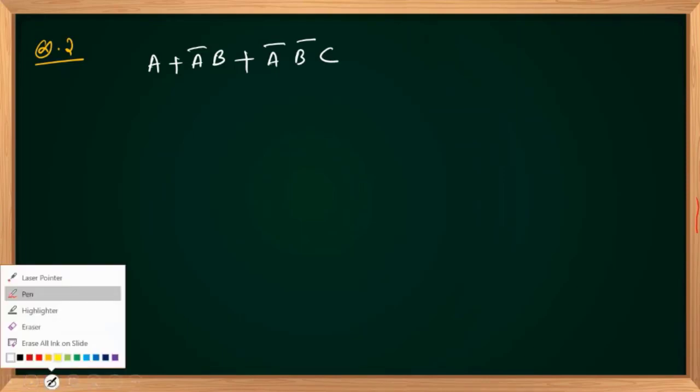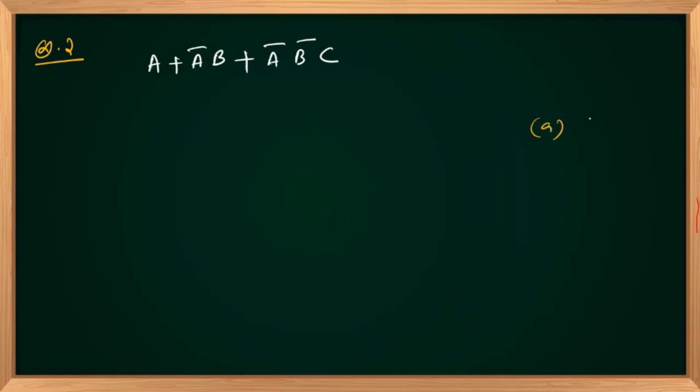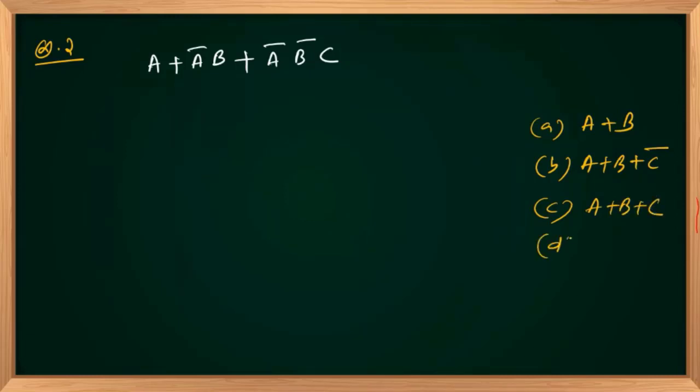Simplify the given expression A + A'B + A'B'C. You are given four options: A + B, A + B + C', A + B + C, and A + B' + C'.